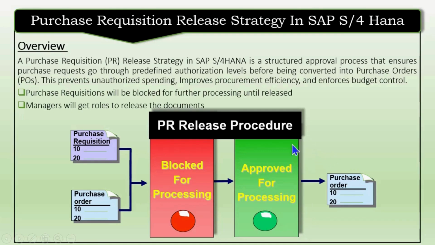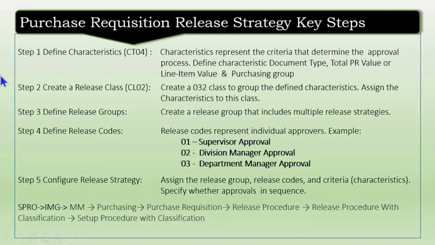Once the final approver approves it, it goes to the purchasing department. The purchasing department will generate the purchase order, and then the whole process will take place in the purchasing department to procure that material. This is the sample diagram I have taken so that you can have a clear concept of PR release strategy. Move on to the next slide.